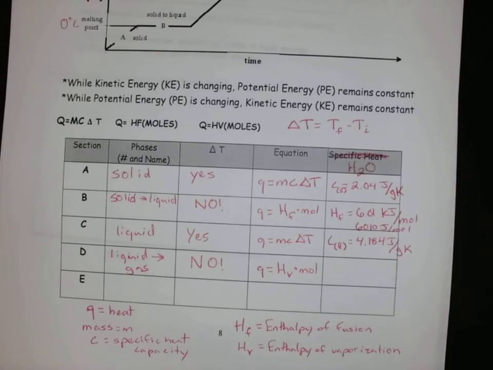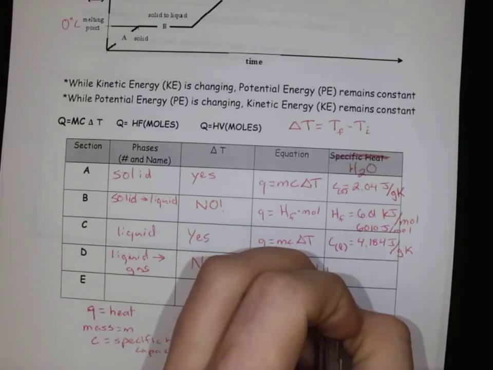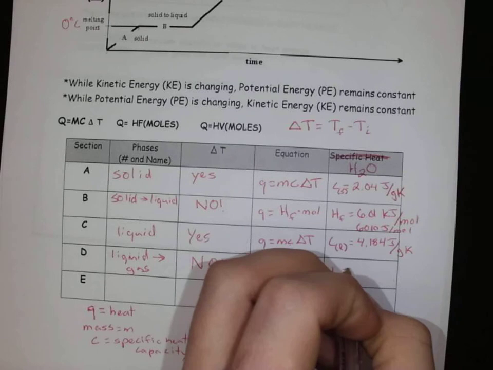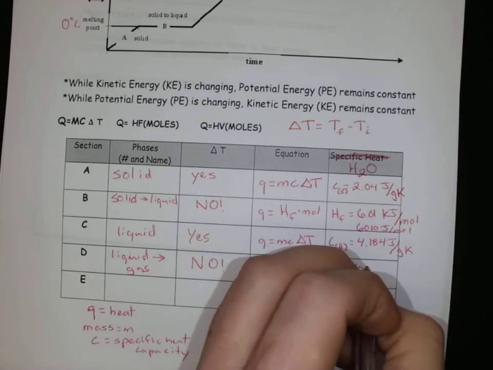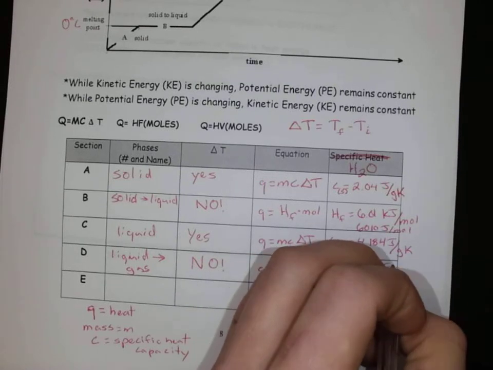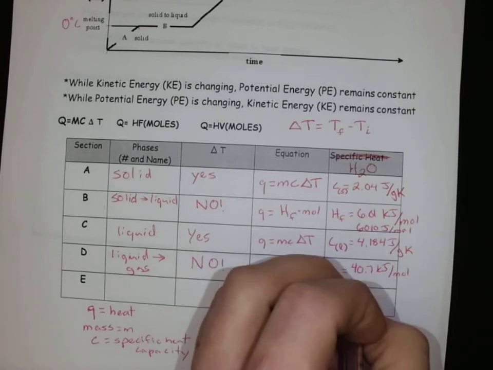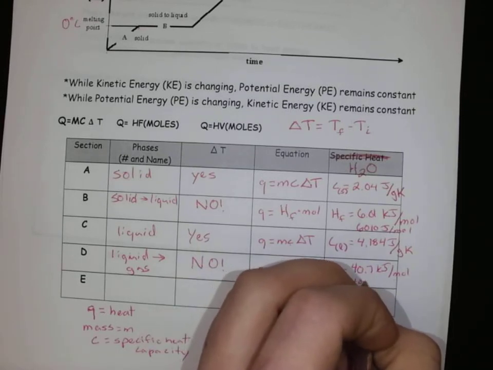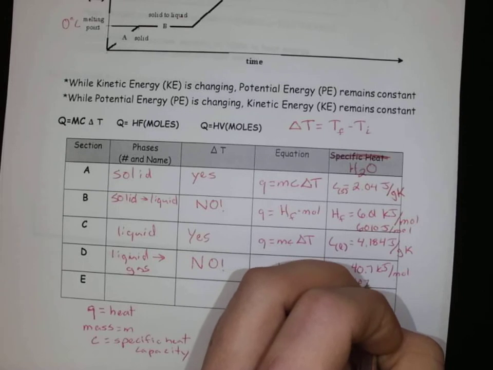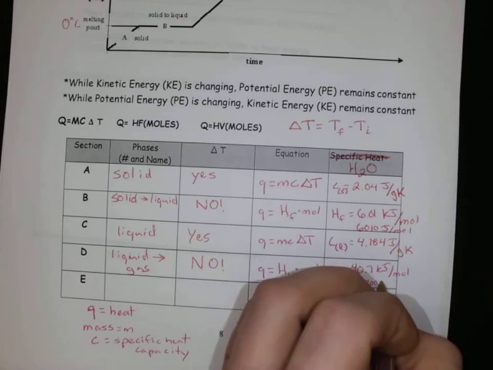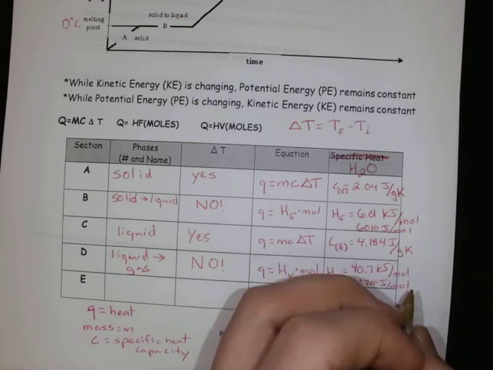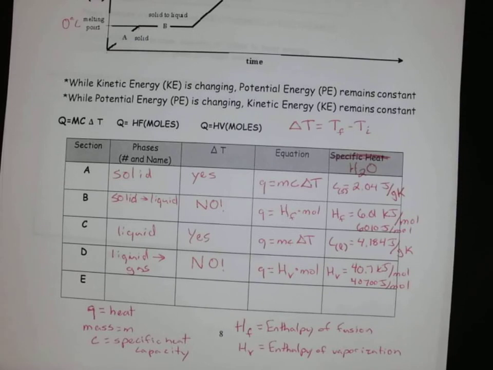Okay, so if we're talking about water, HV equals 40.7 kilojoules per mole. That is huge, right? So if we wanted to just write that in joules, that would be 40,700 joules per mole, right? It takes a lot of energy to completely vaporize our water particles, okay?